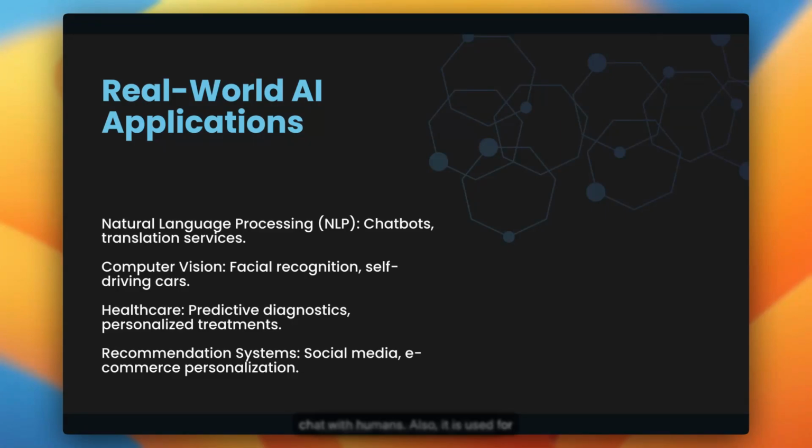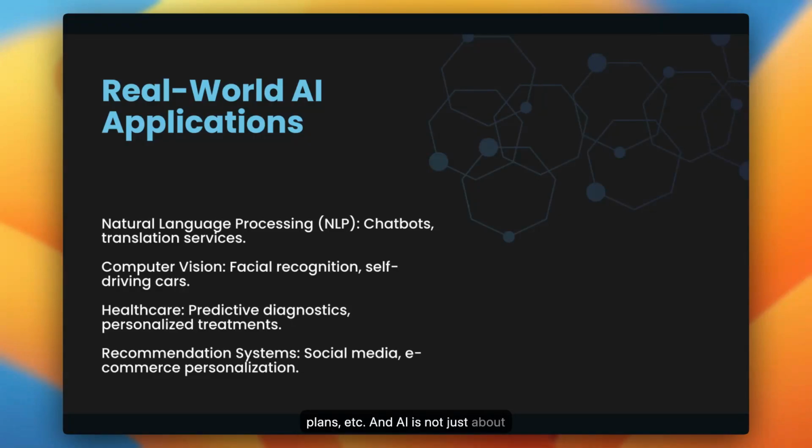Also, it is used for computer vision, such as facial recognition, self-driving cars, such as Tesla, and medical image analysis. Also, it is used widely in recommendation systems, such as TikTok, Instagram feed, so personalized content on social media, e-commerce product suggestions, and more. And also, it is widely used in healthcare, so predictive diagnostics, personalized treatment plans, etc.